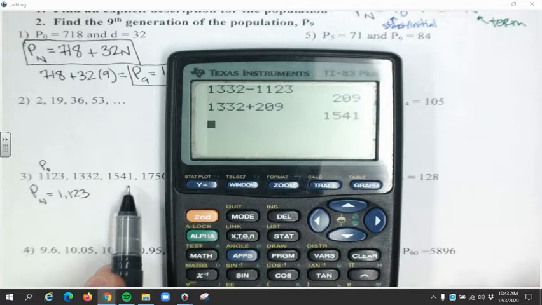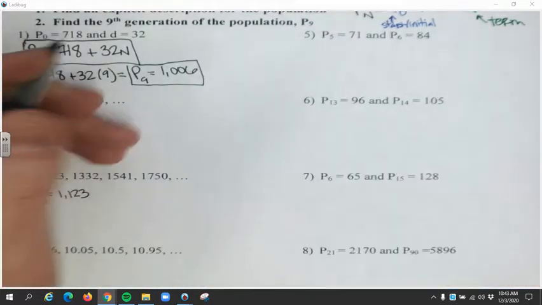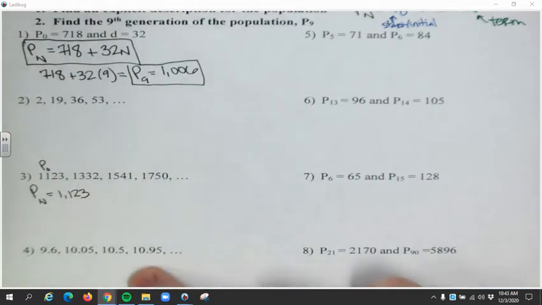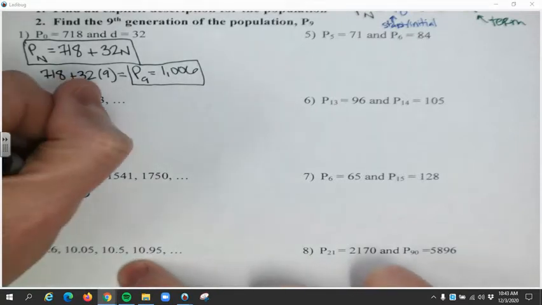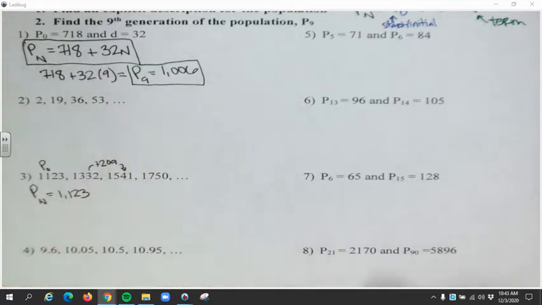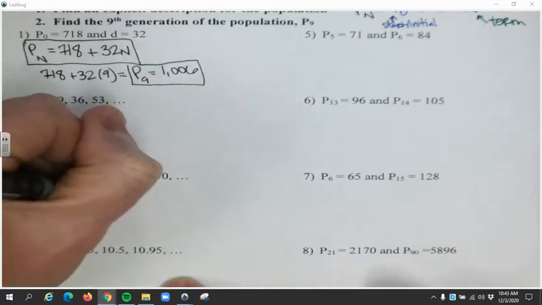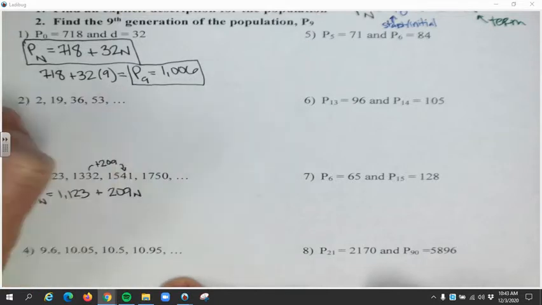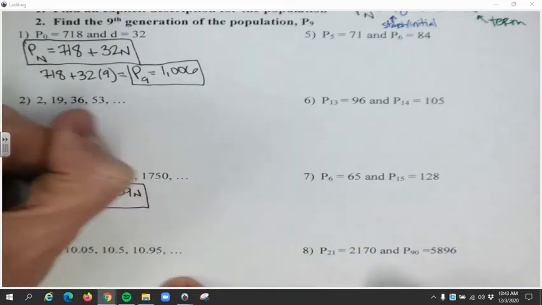It does. So you know your common difference is 209. That means I'm going to add 209 n. Again, n stands for term.